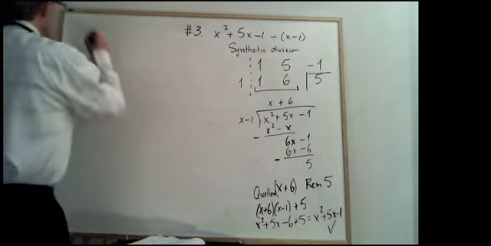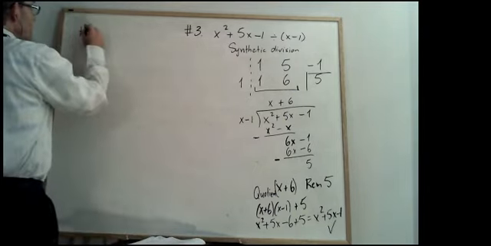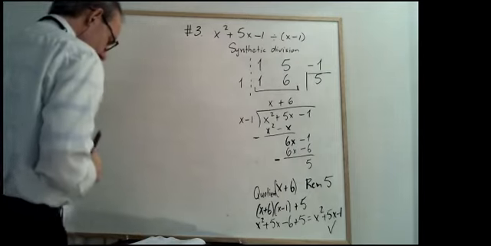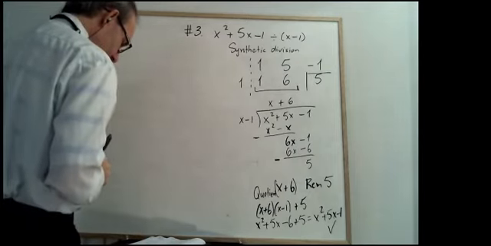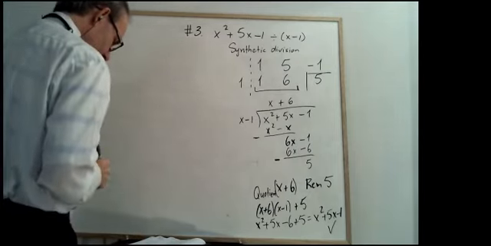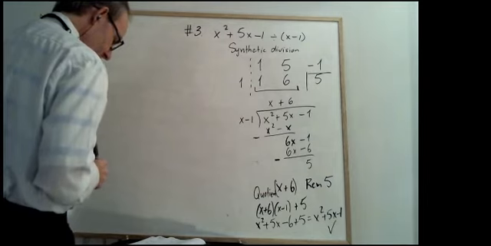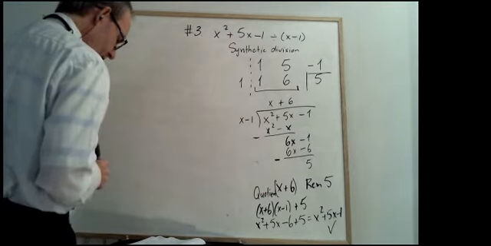So another example, number 14, is to divide 3x cubed minus 2x squared plus x minus 4 by x plus 3.